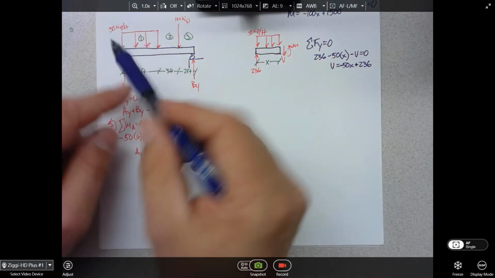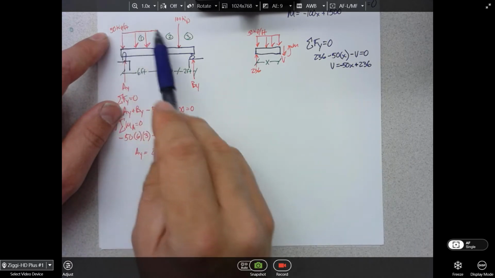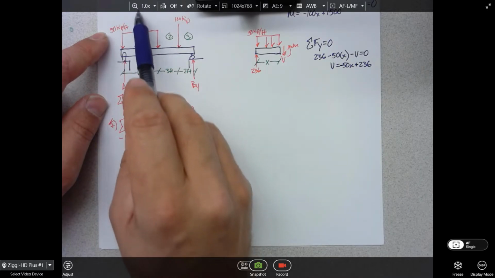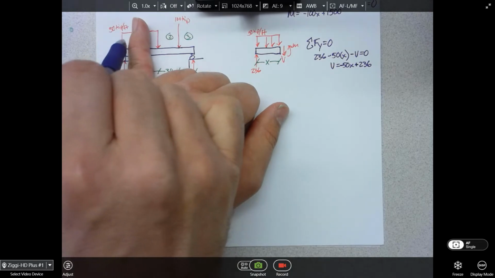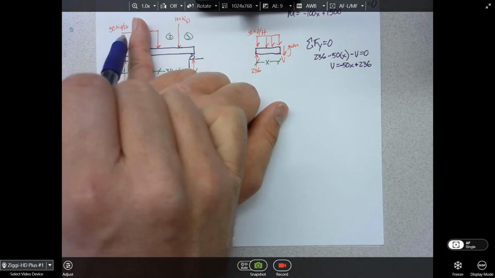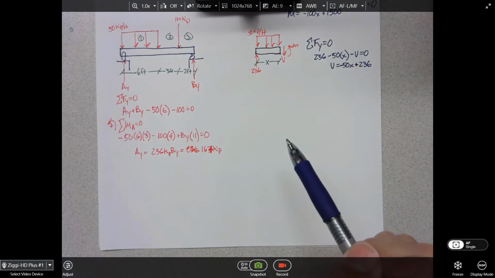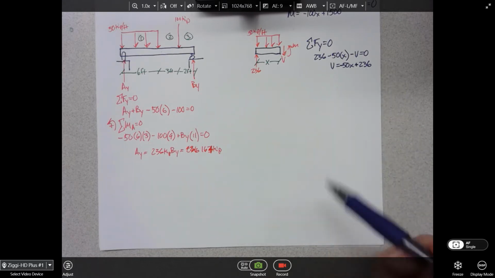If I consolidated this 50 kip per foot times 6, which is 300 kip, and put it in the middle, and then looked right here, I'd say there's no load on it. But that's not true because there's distributed load. So we have to wait until we've actually sliced it to do that. Good question. So it looks like V is negative 50x plus 236.